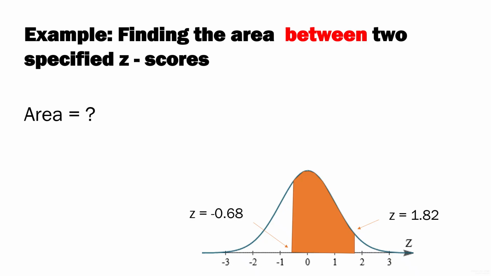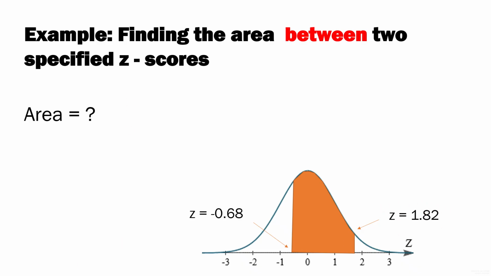In this example, we'll find the area between two specified z-scores. We've got z equal to negative 0.68, which would be on the left-hand side of your table, and then z equal to 1.82, and we want to find the area in between them. We'll use our table and look up these z-scores so that we can find the area, which is located in the body of the table.